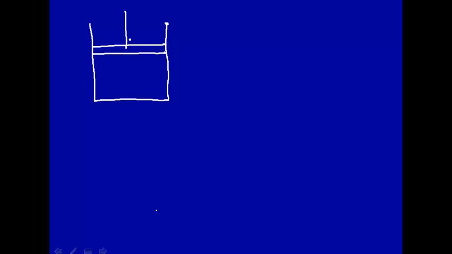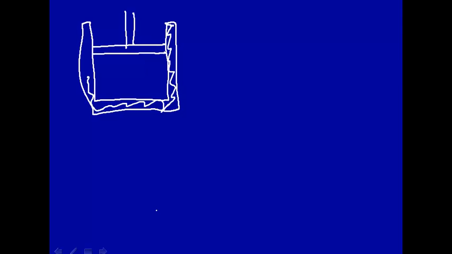All right, let's draw a picture of that. So here will be our initial state, and here's our classic piston, and it's going to be adiabatic, which means that heat cannot be transferred to and from the surroundings, which means that we're going to have to make this container insulated. So here's an insulated container so that no heat can be transferred.